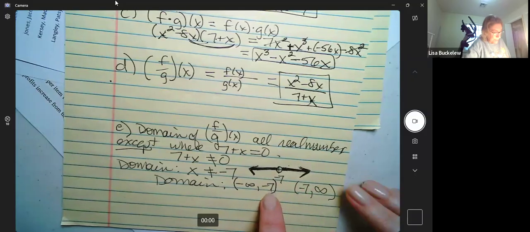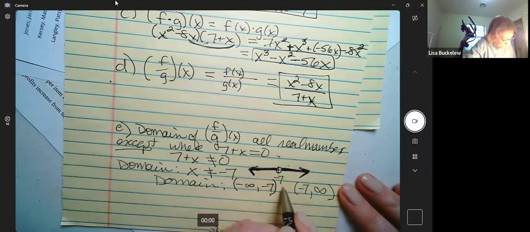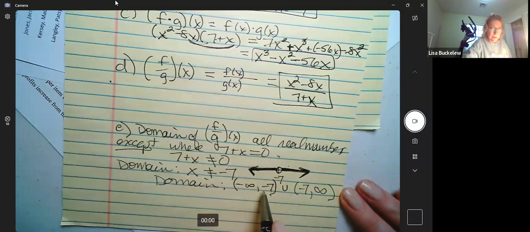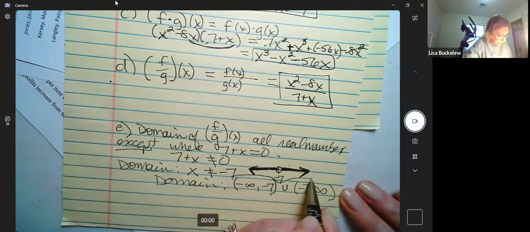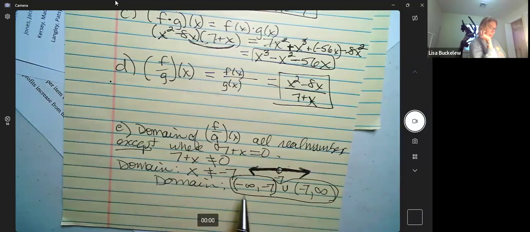Now they do one extra really set-notation mathy thing here, which is they put a U, which means the union of all the elements in the first set with all the elements in the second set. So if they wanted us to type it in by hand, maybe that's how we could do it.